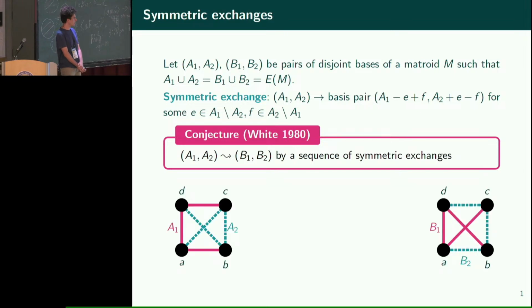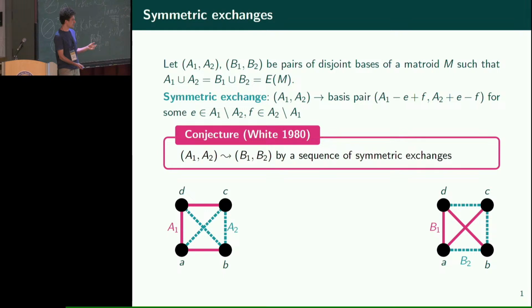Let's look at an example. We have the graphic matroid of K4, and we are given two basis pairs. The bases are denoted by the colors. Then we can get a sequence between these two. But even in this case, it's not entirely trivial, because in the first step, we need to use either the edge AD or BC, so something which has the wrong color originally.